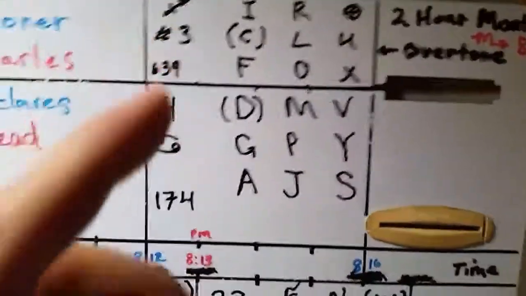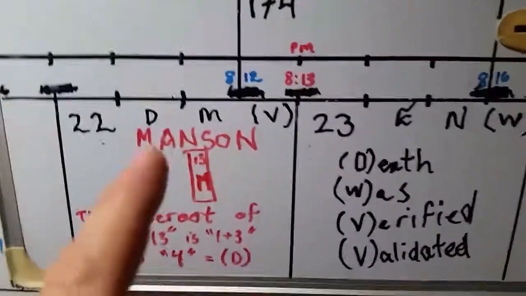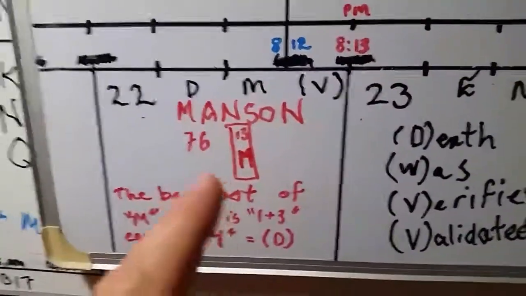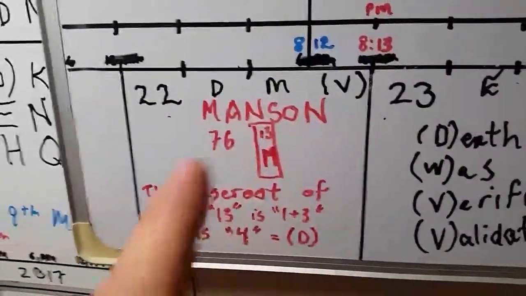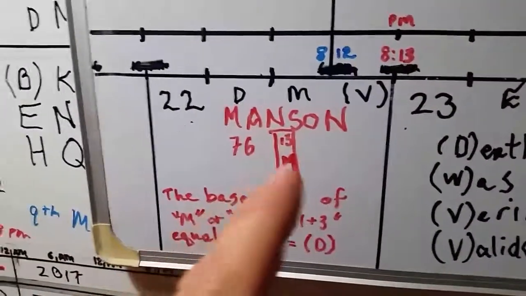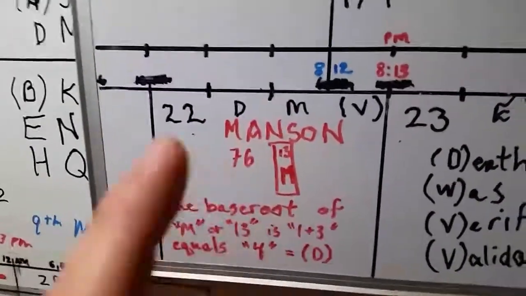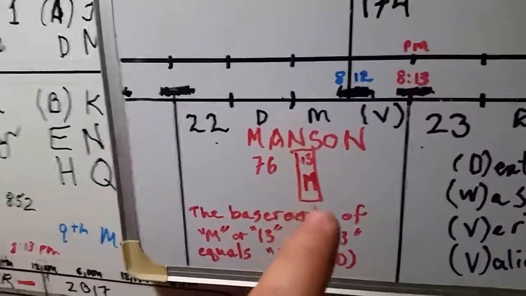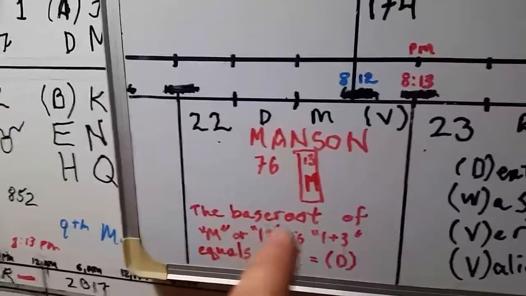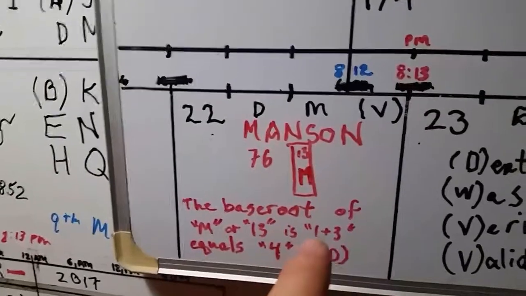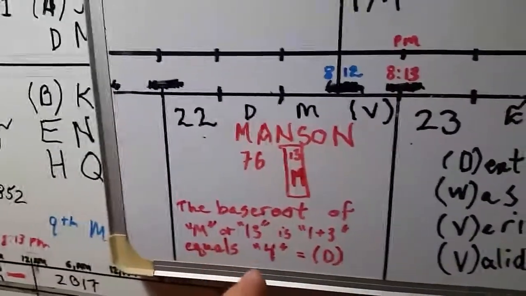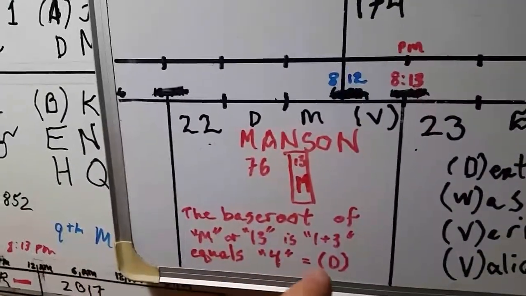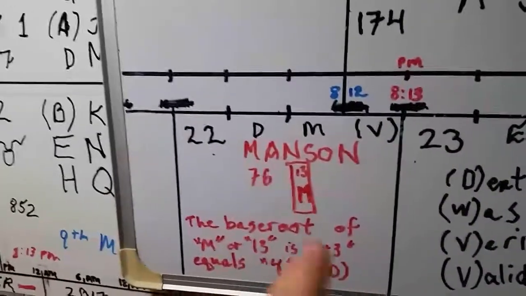Now, Charles, specifically what Charles? So if I add up Manson, it equals 76. 7 plus 6 is 13. That's the letter M, right? Well, if we want to find the base root of the letter M, we're going to take the 13 and add it. 1 plus 3 equals 4, which means the D will be bracketed.